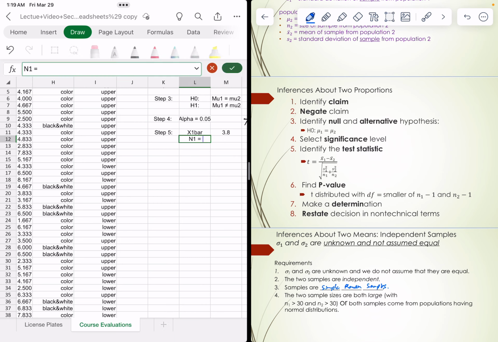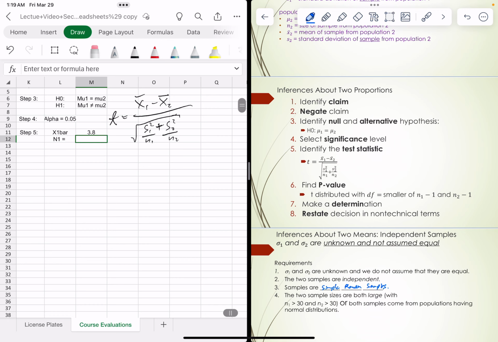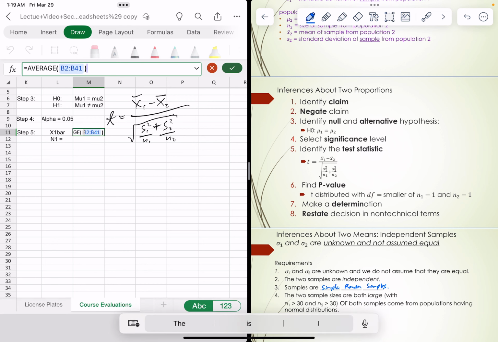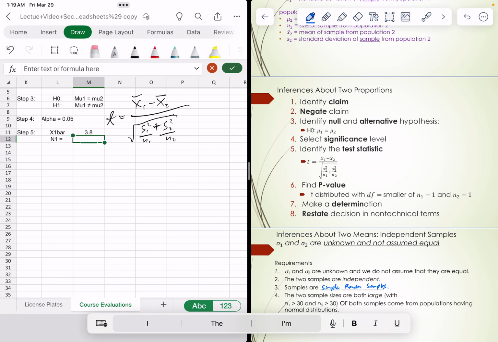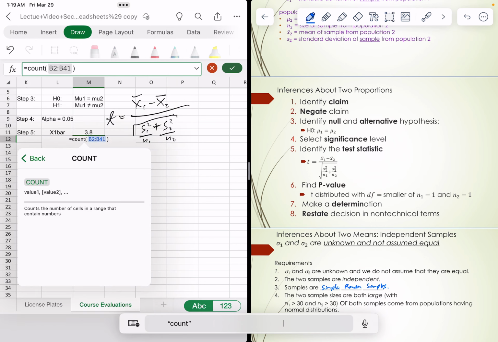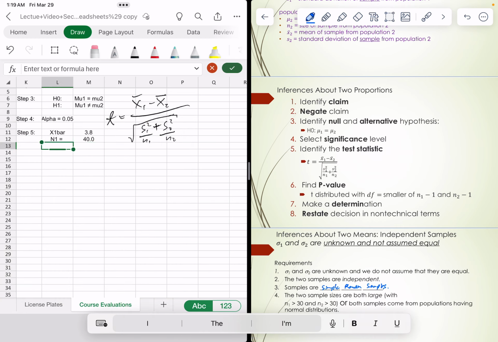N1 equals, what is N1? I'll do count. I'll take this formula here and recycle it, Command V, but with count instead. It's 40.